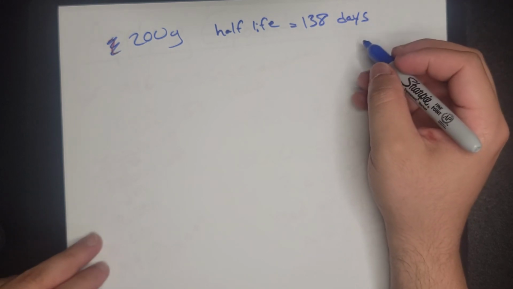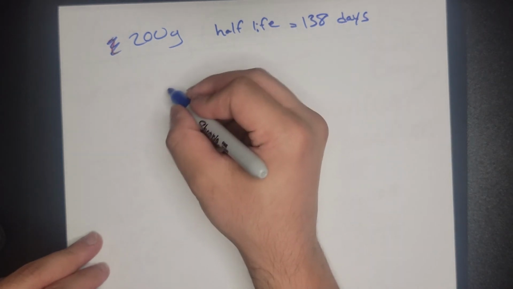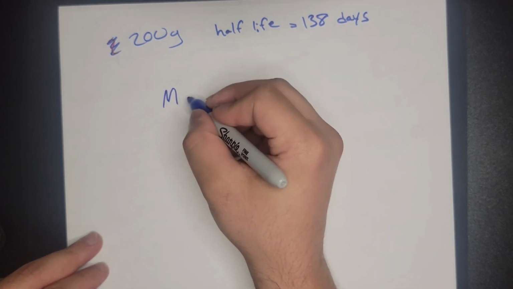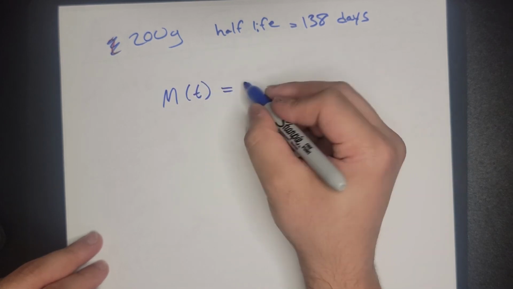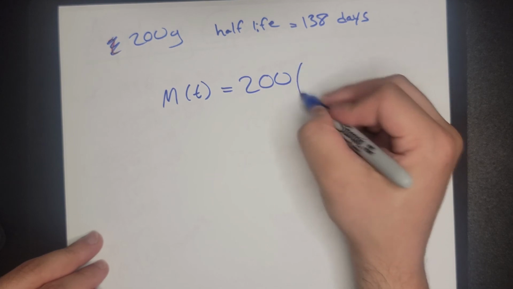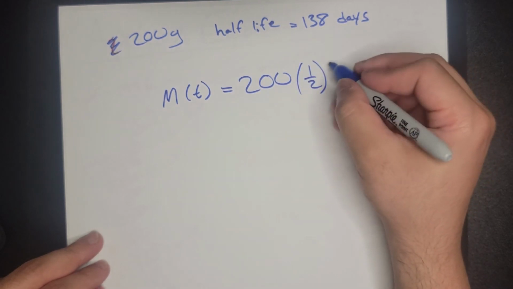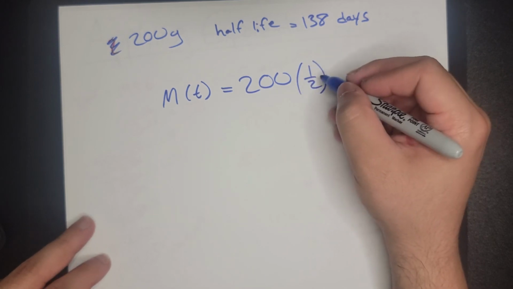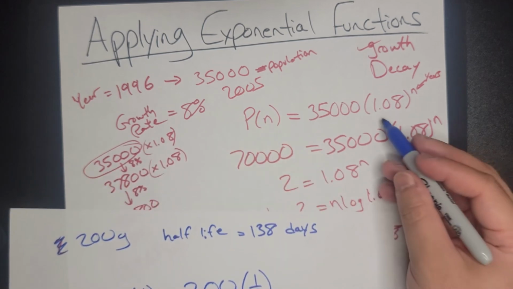So now we're gonna model this the exact same way. The mass that's left over based on the time that has passed is our original amount, 200, times half, because that's what our base is going to be, compared to the last one. We were growing by 1.08.